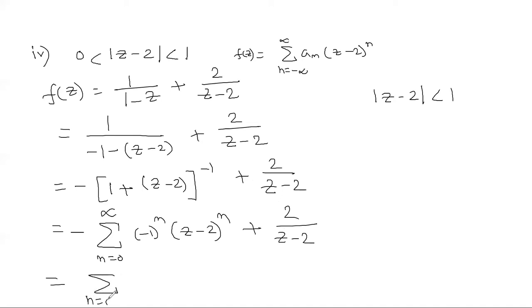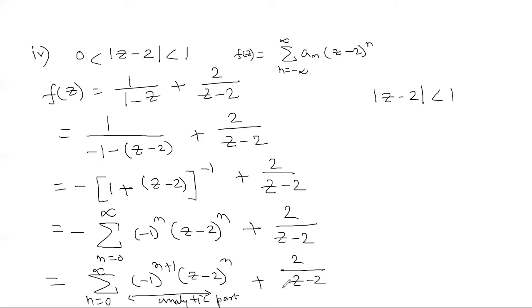So n equal to 0 to infinity, it is minus 1 power n plus 1 (z minus 2) power n, which is the analytic part, all the positive powers of z minus 2, plus 2 by z minus 2. So this is the principal part which contains the negative power of z minus 2.